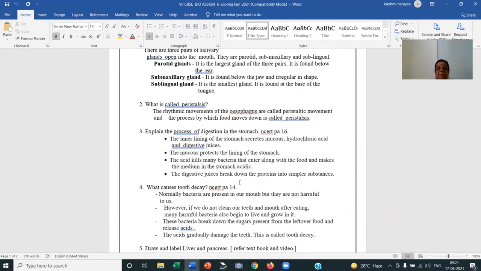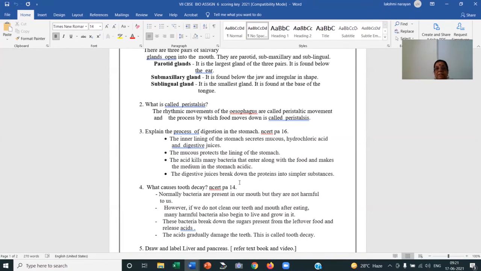Then explain the process of digestion in the stomach. It's given in our textbook. The inner lining of the stomach secretes mucus, hydrochloric acid, and digestive juices. What is the function of mucus?